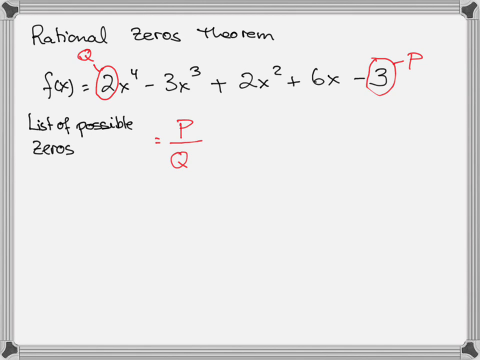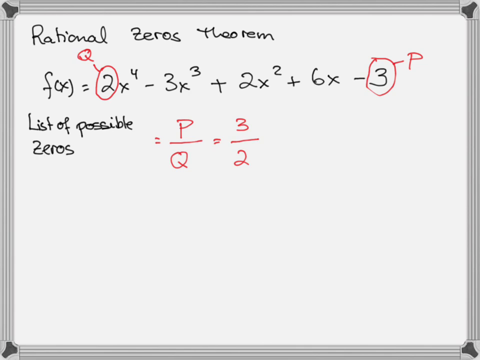Now P, in this case, let's disregard the signs, is 3 and Q is 2. What you have to do now is list all the factors of 3, and to incorporate the negative and positive, we're just going to say plus minus here.